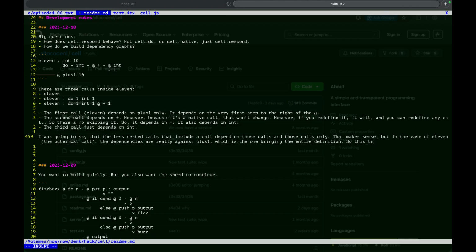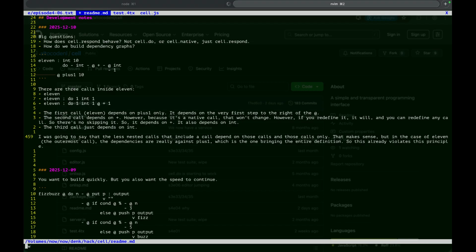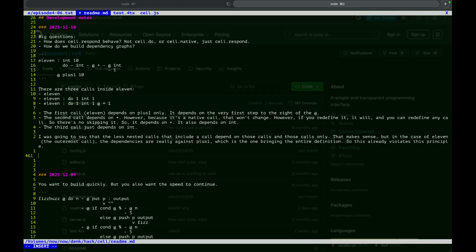So this already violates this principle. I'm going to work in a disorganized way now, I think, but I need to just go for it.